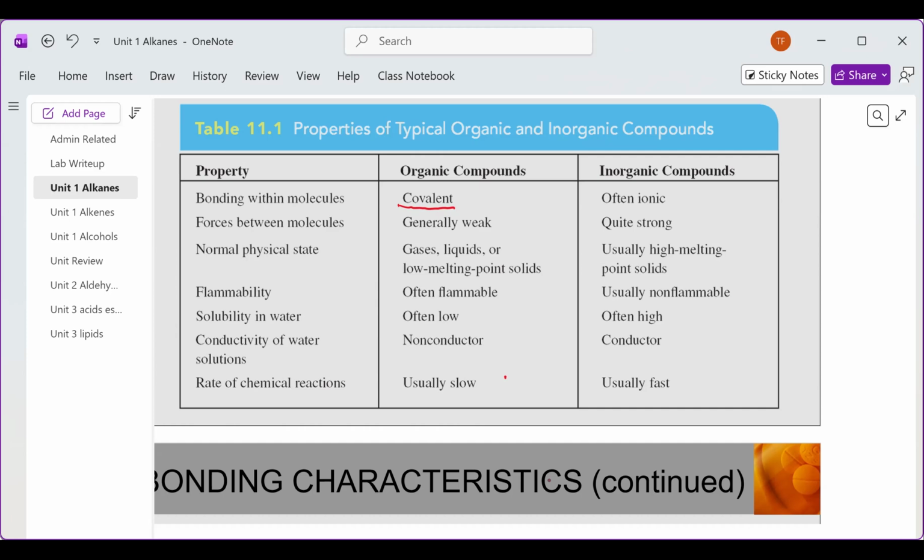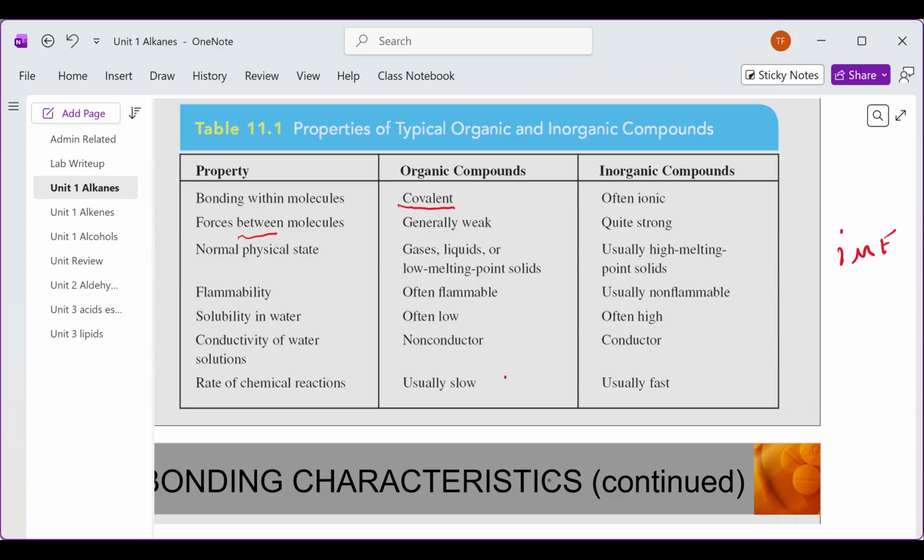The forces between molecules are generally weak. With ionic, they're generally strong. Now we're going to be studying IMFs a lot in this class. Every test is going to have three parts, without exceptions: intermolecular forces, naming, and reactions. Every single test.